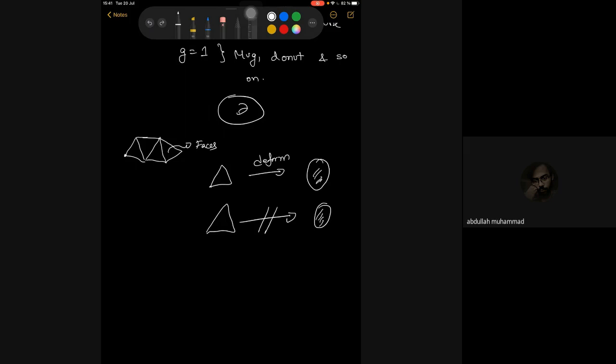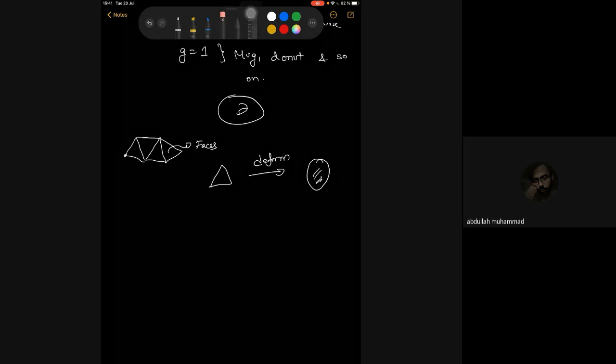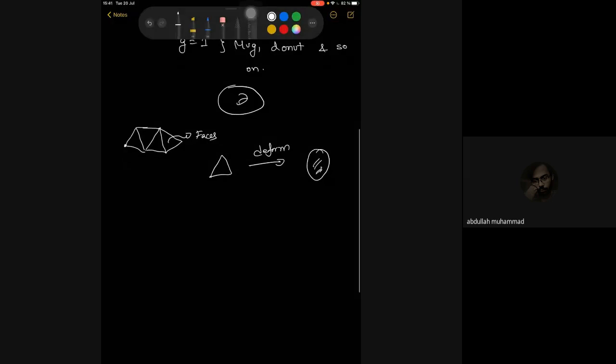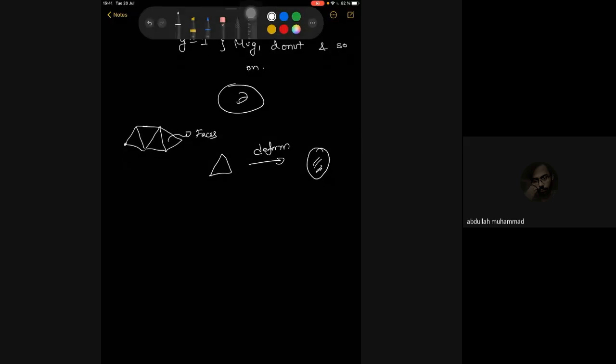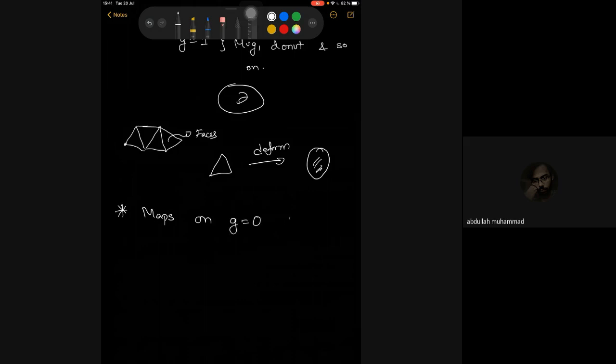Only in that case you wouldn't be able to deform. Otherwise, in most of the scenarios that we'll deal with, you can deform the faces into disks. That is, you can make them into disks. You can squeeze them and make it into a circular structure. So now the question is, what are the maps we can draw on a G equal to 0 surface?